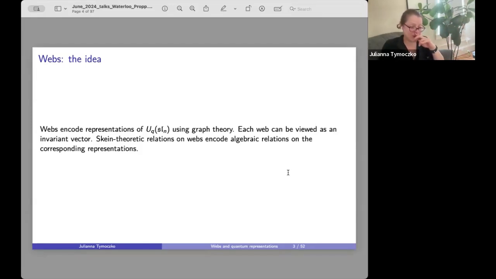And then, in elementary linear algebra, there could be lots of different ways of writing a vector. You could write it as the sum of two other vectors or the difference of two other vectors. And so there are graph theoretic processes that allow you to encode this.